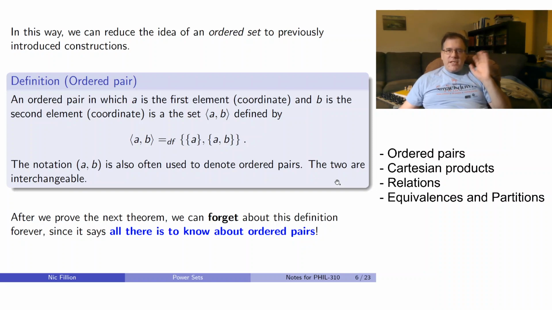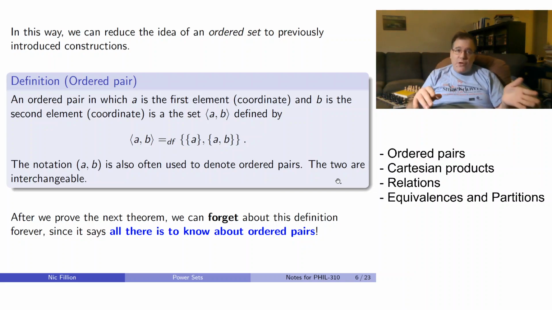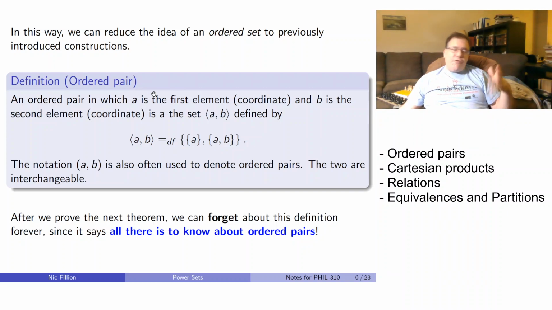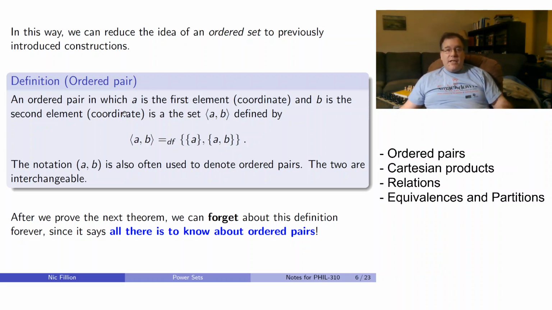And this very simple idea motivates the following definition for what it is to be an ordered pair. So an ordered pair whose first element is A, or first coordinate is A, as we often say in geometry, and B is the second element or second coordinate, we denote such a pair in this way, where now we don't use curly braces to surround the list.